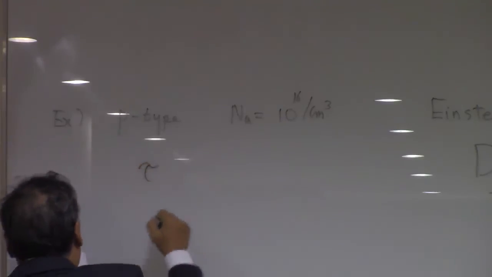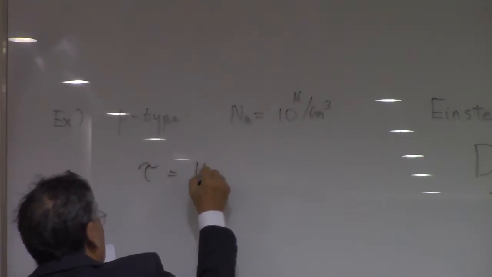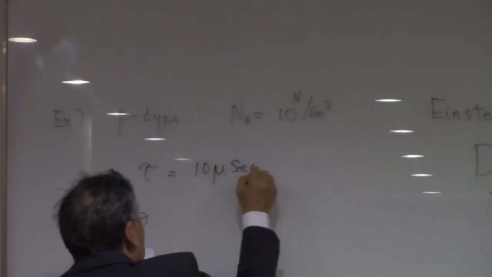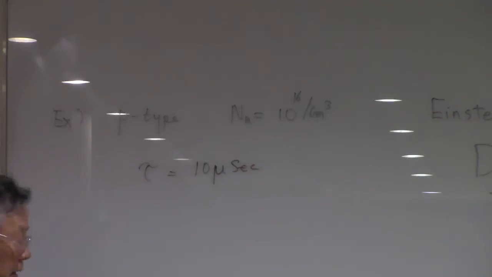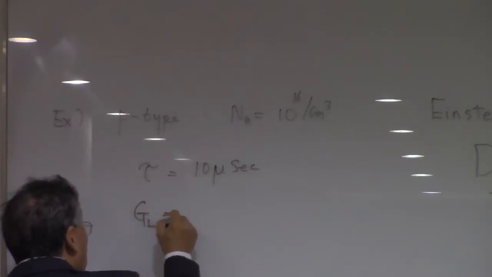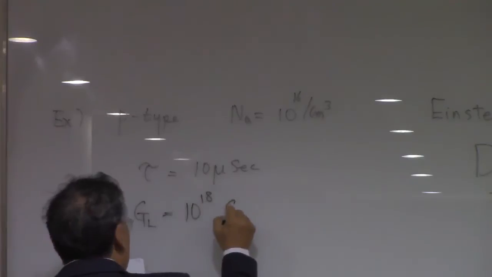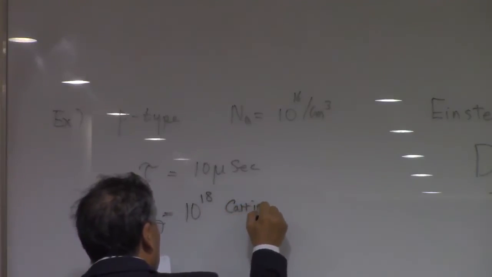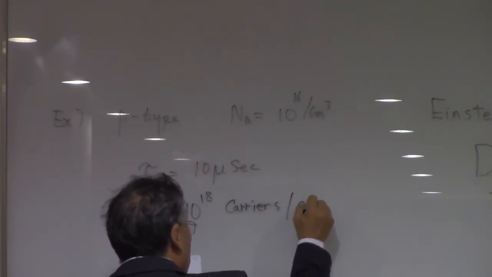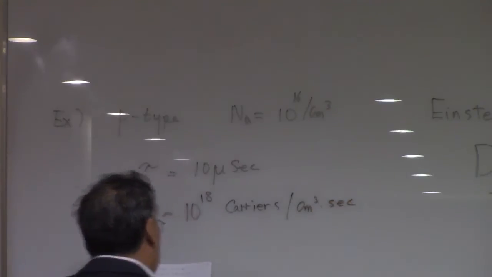And let's say the lifetime, by shining the light, is 10 microseconds, and the generation rate is 10 to the 18th carriers per cubic centimeter per second. That's the unit.